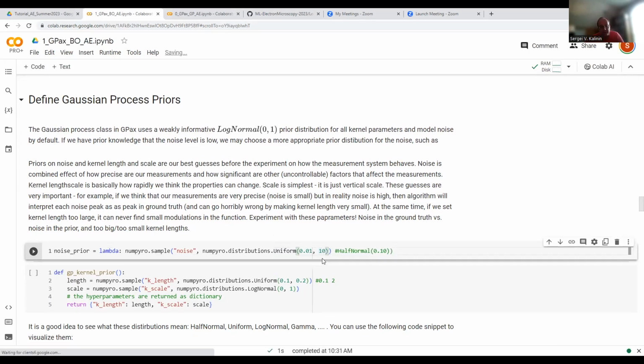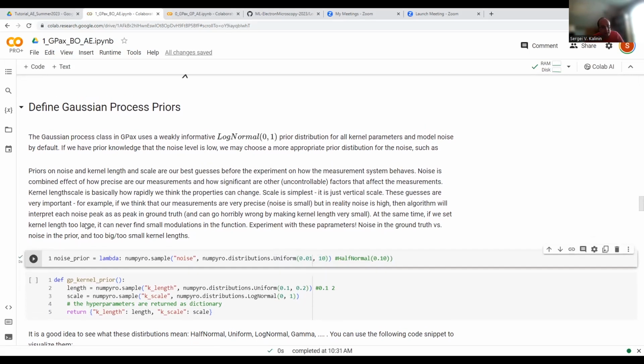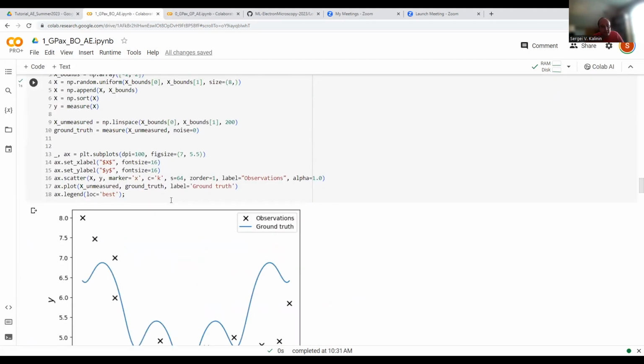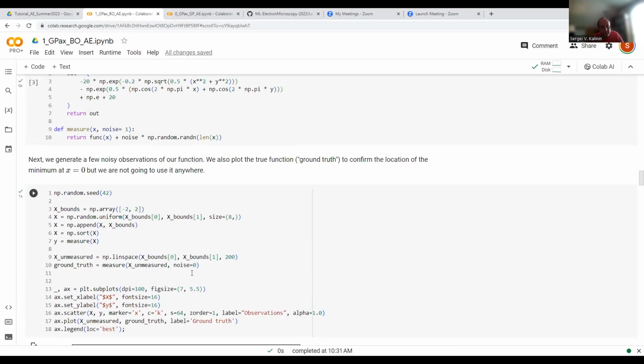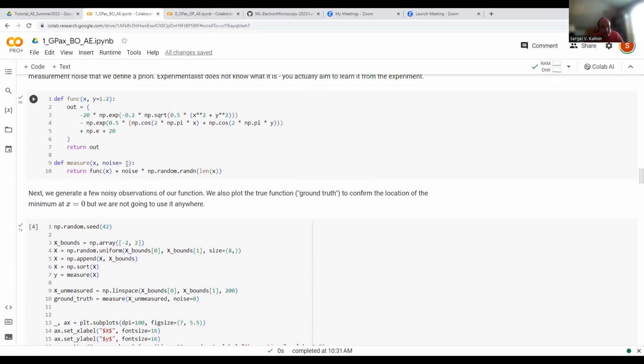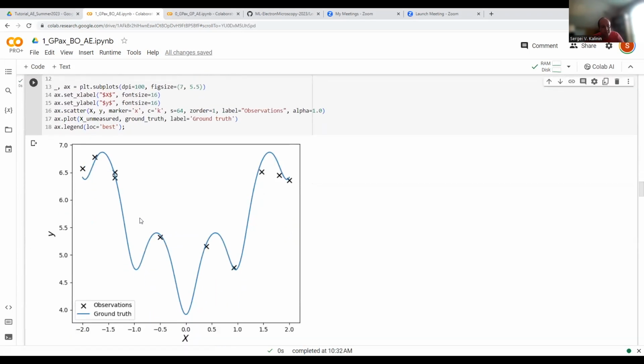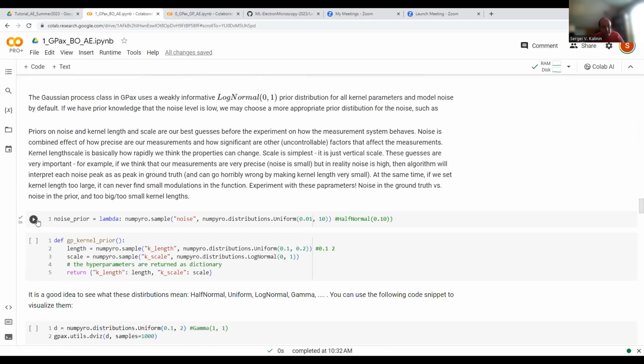That's actually pretty broad. In this case, my function is defined with a fairly high noise. That may be a little bit extreme. So let's set the noise to be actually 0.1. Now it's much better.